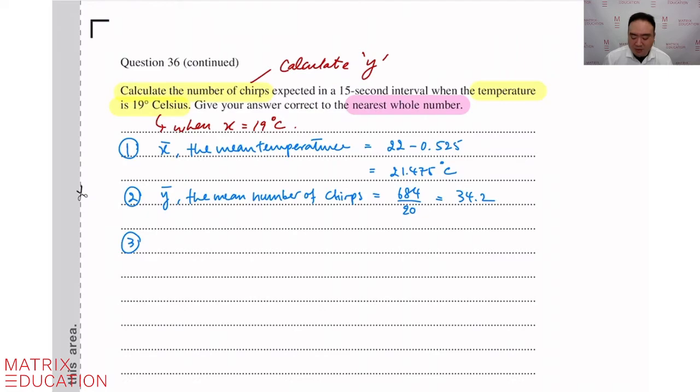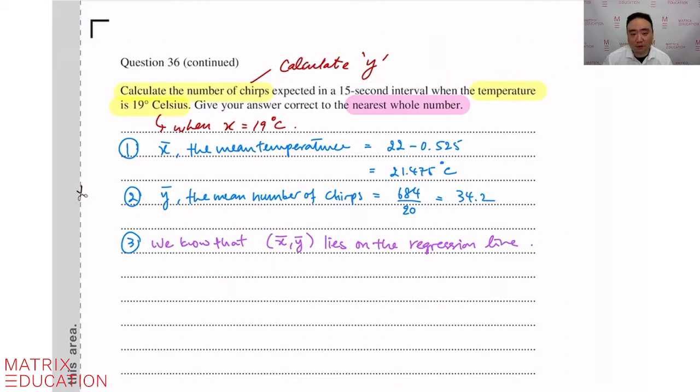What's the next step? We have x bar, y bar. I'm just going to write on the side. We know that the mean temperature and the mean number of chirps lie on the regression line.